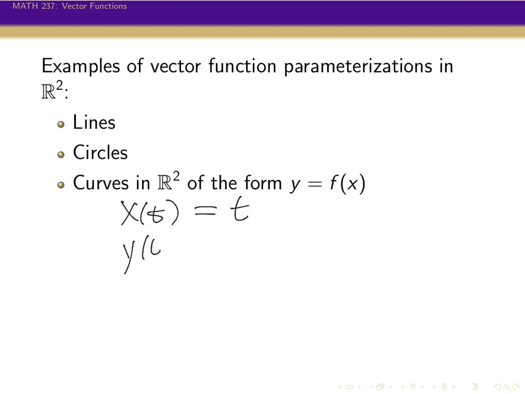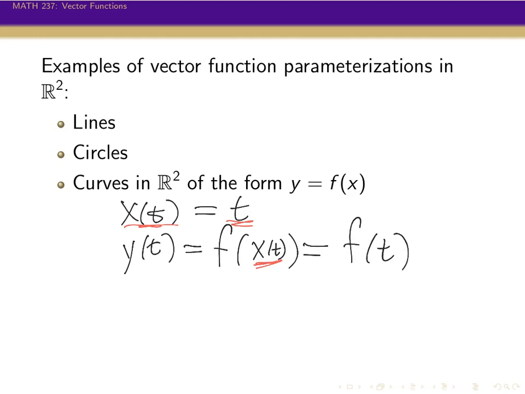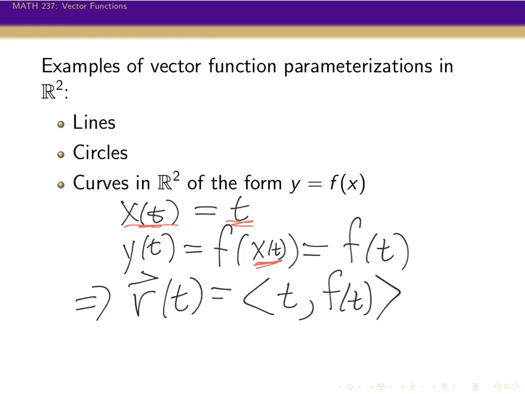And so then y of t from the function is going to be f of what the x coordinate is, but we just set the x coordinate to be t itself, and so y of t is just f of t. Okay, and so our vector function parameterization is going to look like r of t equals t, comma f of t. And that always works.